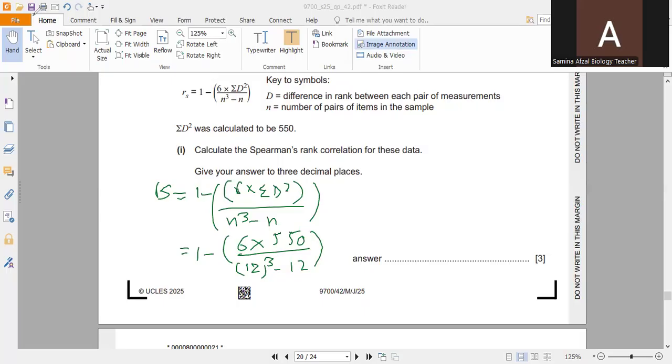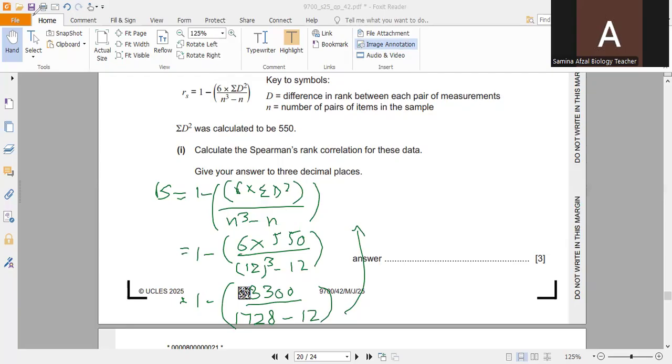After calculation, it is equal to 1 minus 3300 divided by 1728 minus 12.